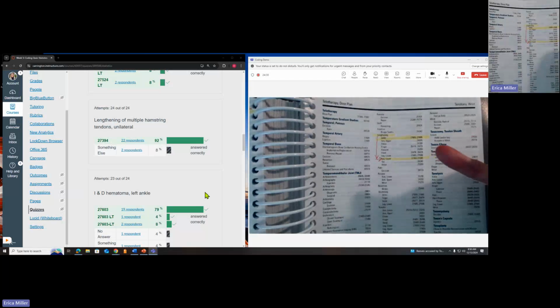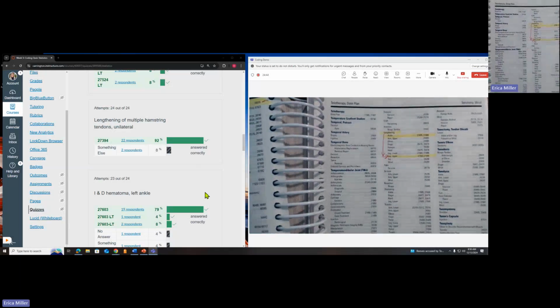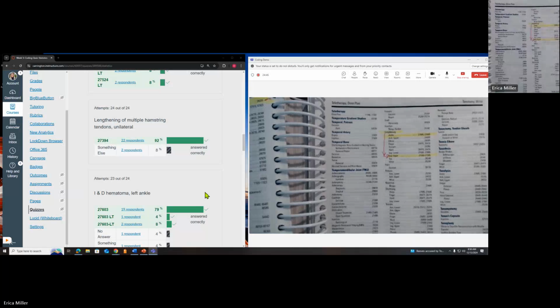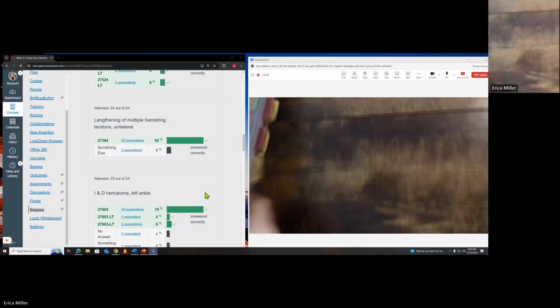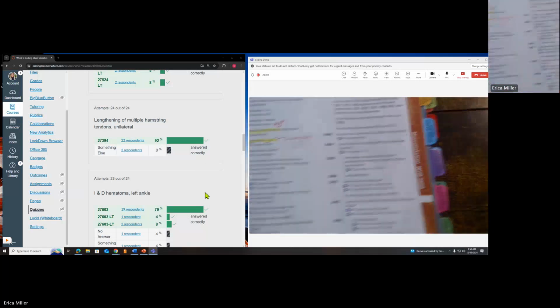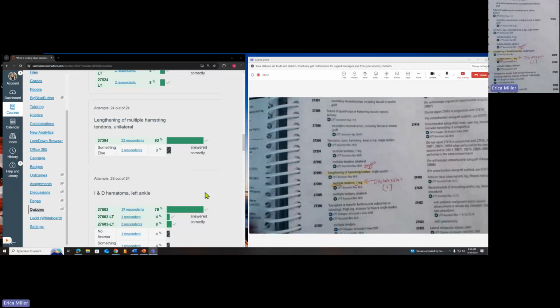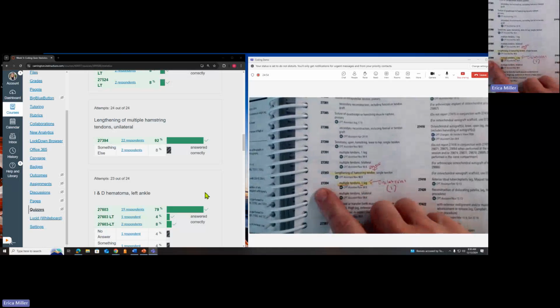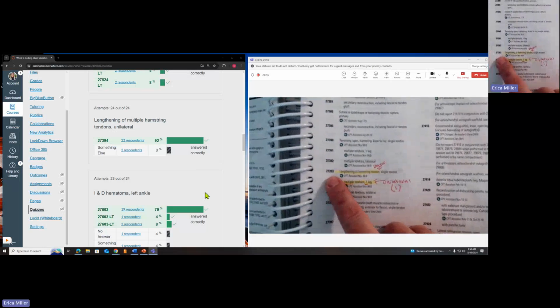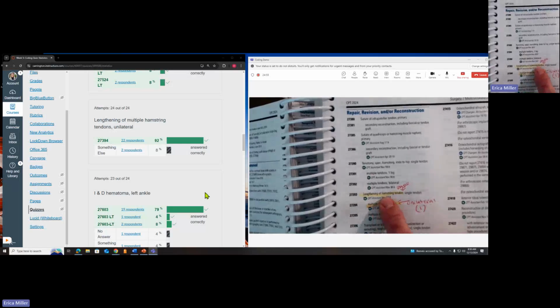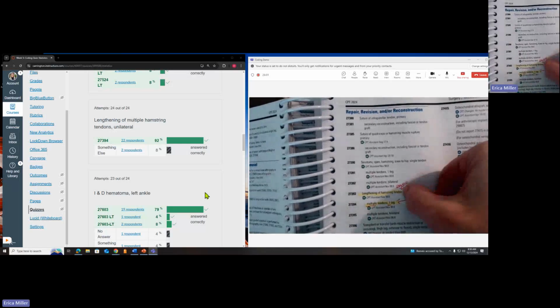So what have I not captured from my index? The word multiple and the word unilateral. So that's what I'm looking for when I get over to my tabular section. All right. Here's our range of codes. So your base is 27393, lengthening of hamstring tendon. Stop, right?